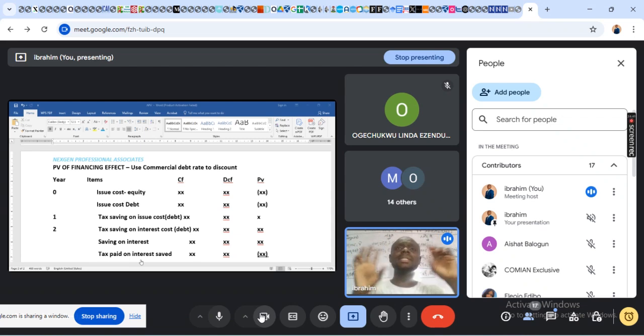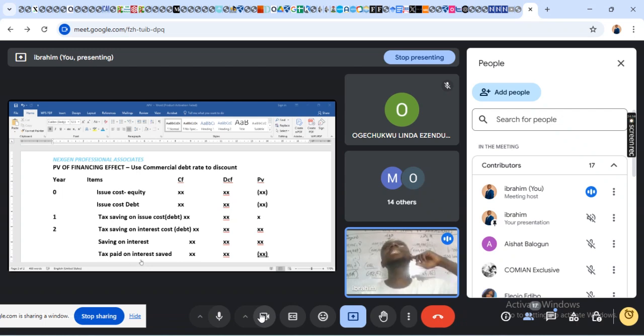Now, the government is saying that, okay, since you want to go into agriculture, let's give you a subsidized rate of maybe 10% below. Let me use that language because you will see it often in adjusted present value. Say percent below the commercial rate.